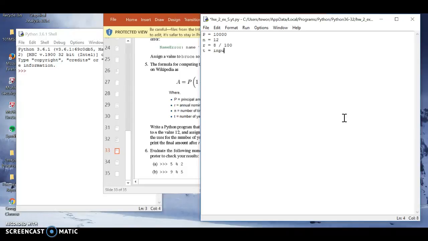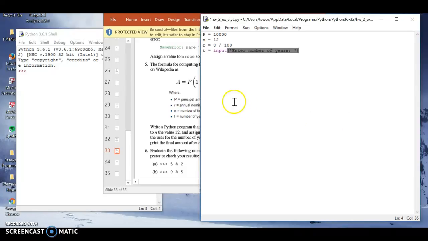So we say input, and whenever you use the input command, you have to first of all start with an apostrophe or quotation marks. And so we say enter number of years. Now note that you don't have to use the same sentence that I used, but I'm just using this one because it's short, it's fast, and it tells you exactly what you want.